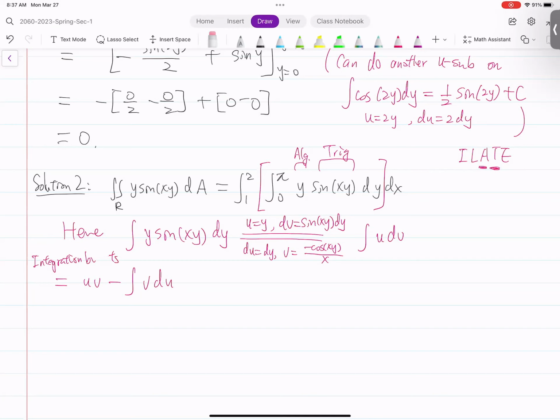Let me put the P in capital letters and substitute. So uv, where u is y and v is negative cosine of xy over x, minus the integral of v du, where v is negative cosine of xy over x, but du is dy, which is nice.